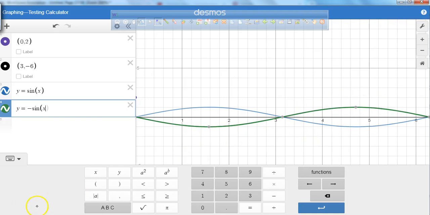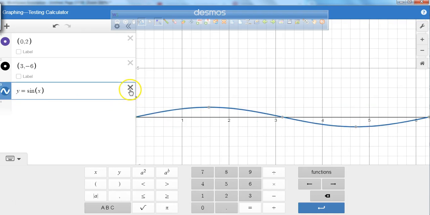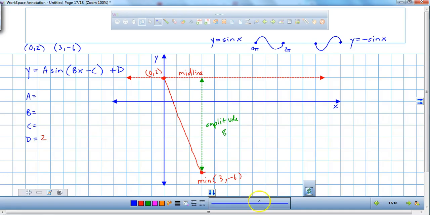So you want to know the difference between a positive sine graph and a negative sine graph. If we take a look at ours, we can see that this is going down, so we have a negative sine graph. We're going to call our a value negative 8, because it goes down 8 units, even though our amplitude is a positive 8.